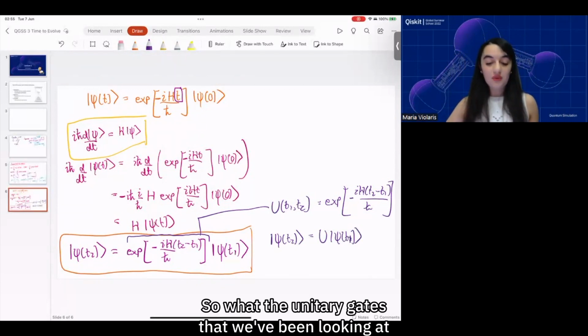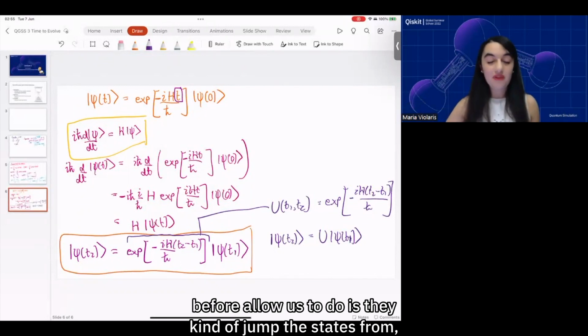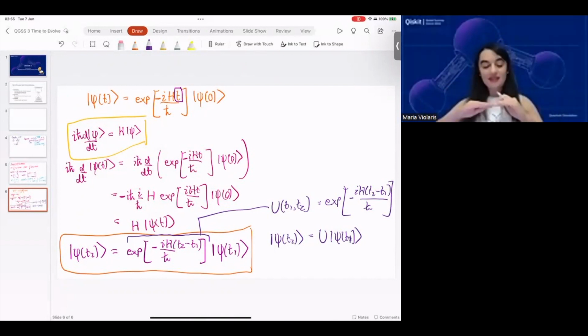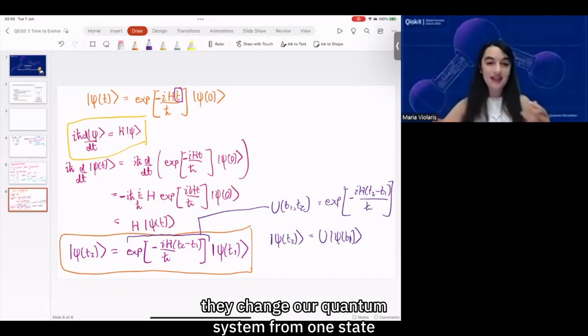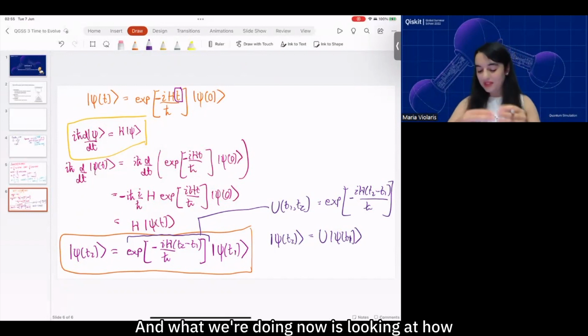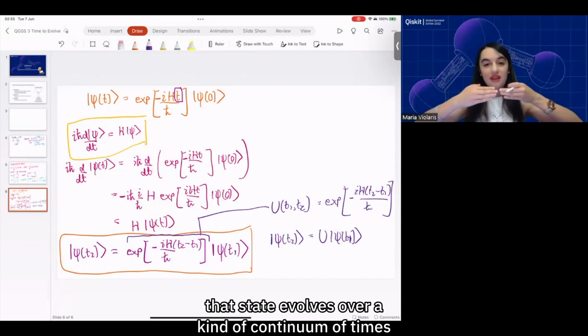So what the unitary gates that we've been looking at before allow us to do is jump the state from one state to another state. And what we're doing now is looking at how that state evolves over a continuum of times.